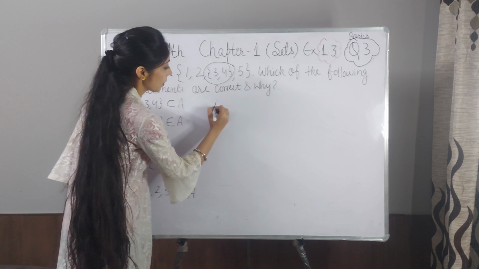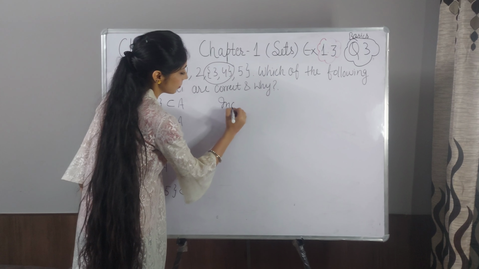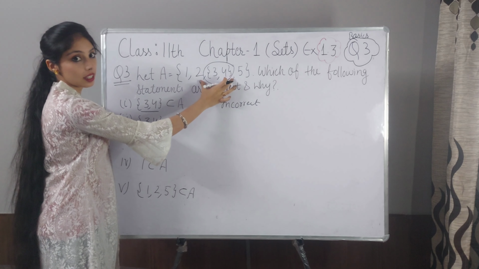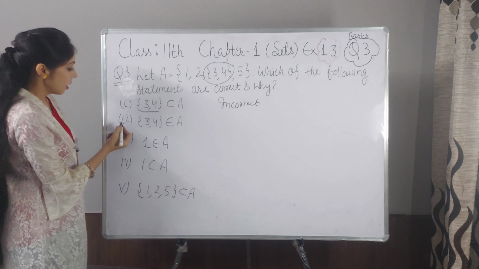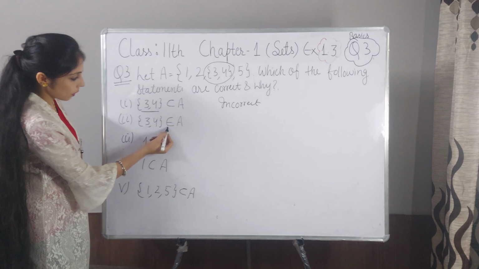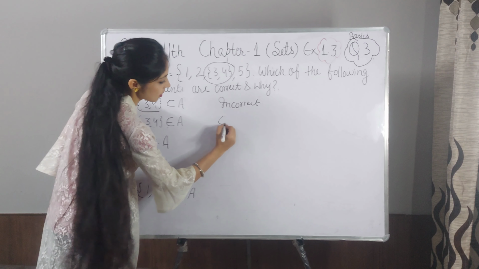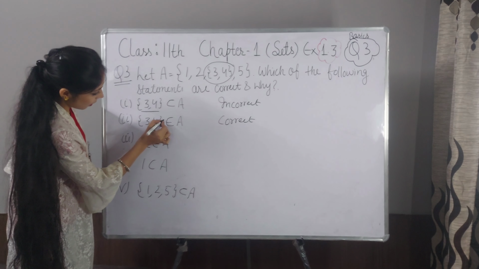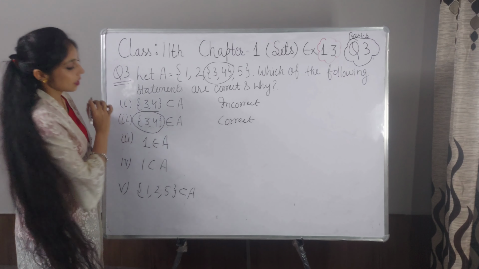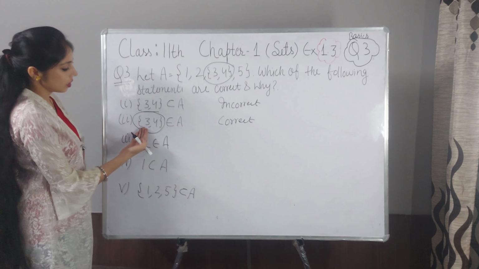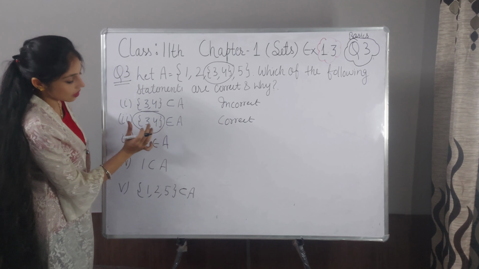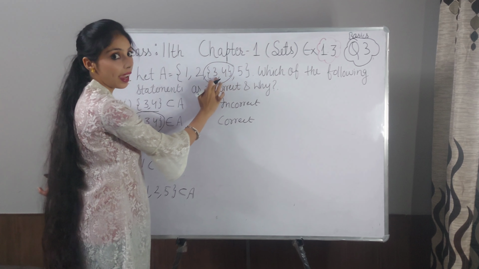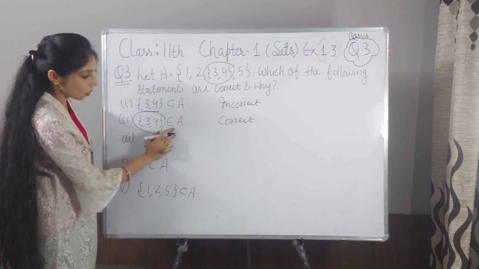So this is incorrect, because this is an element of this set, not a proper subset. Second one is {3, 4} belongs to A. Yes, this is correct, because if we see it independently, this is a set, but in this set it is representing an element. So the element belongs to this set.